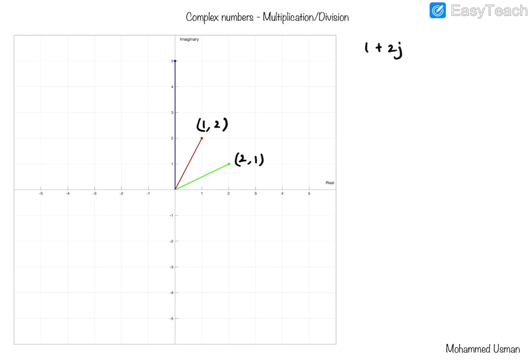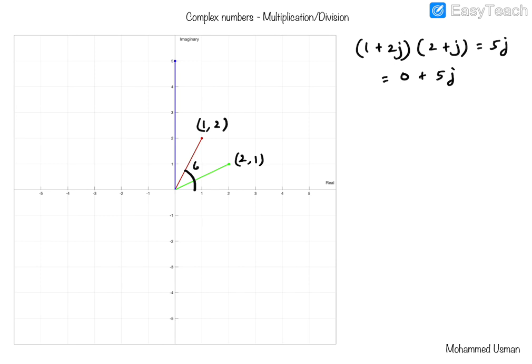That's what we have been doing. 1 plus 2j is being multiplied with 2 plus j to get the result 5j, which is nothing but 0 plus 5j.